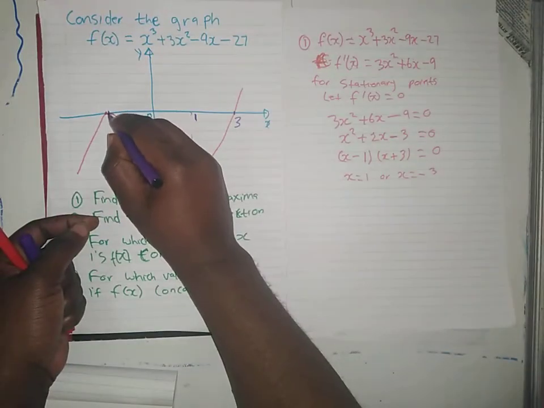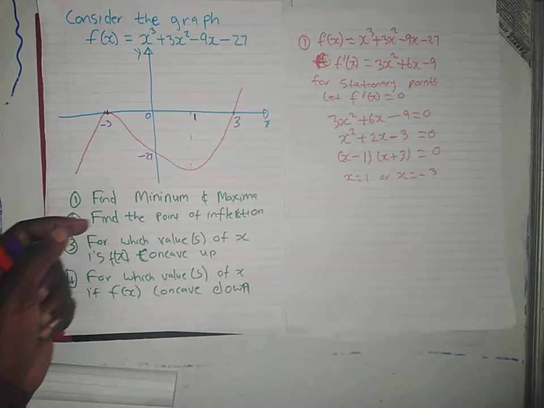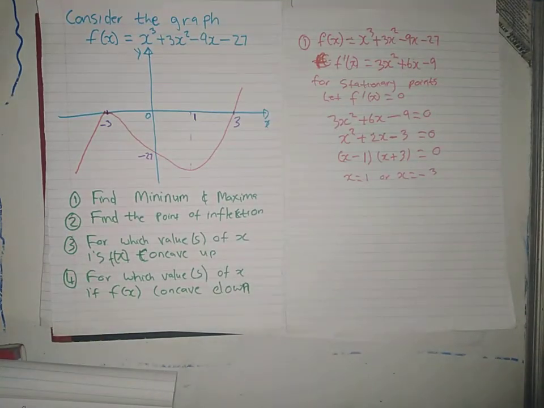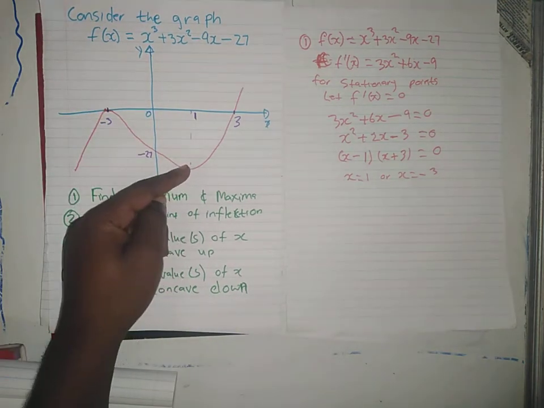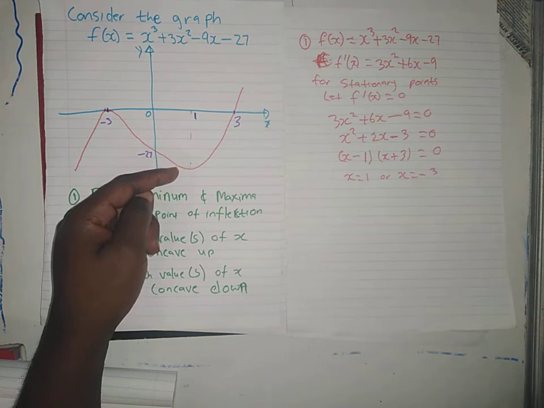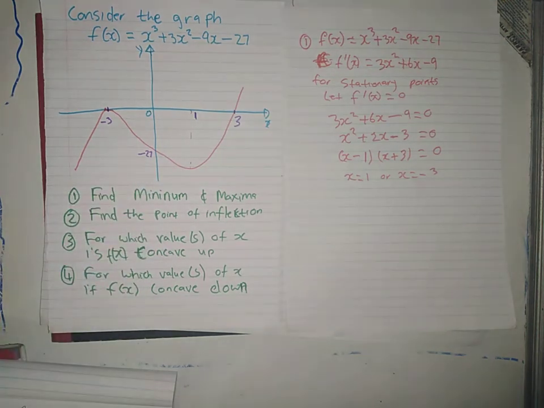Now the question is, which one is the minimum and which one is the maximum? When you look at the graph, you can see that this one is a local maximum and this one is a local minimum.